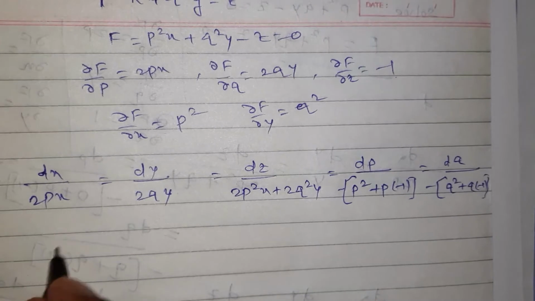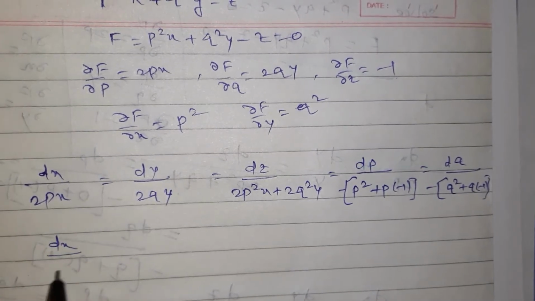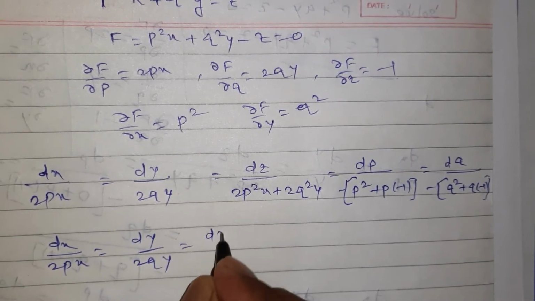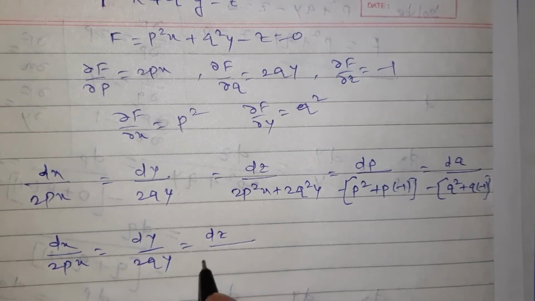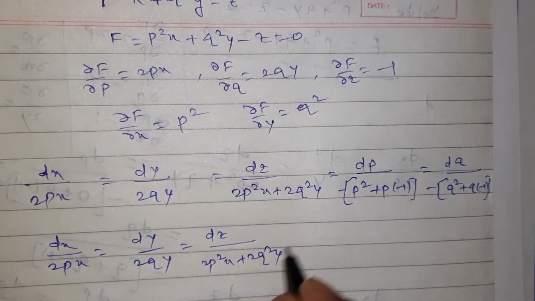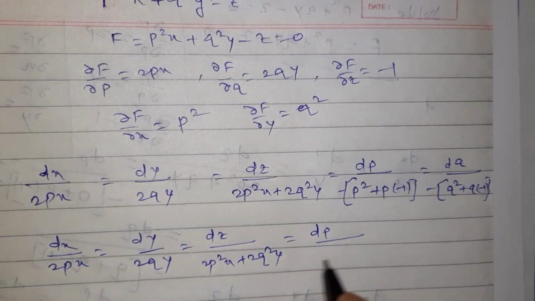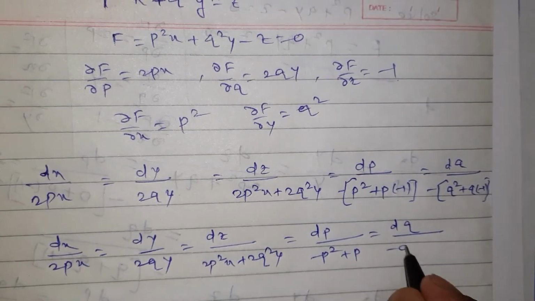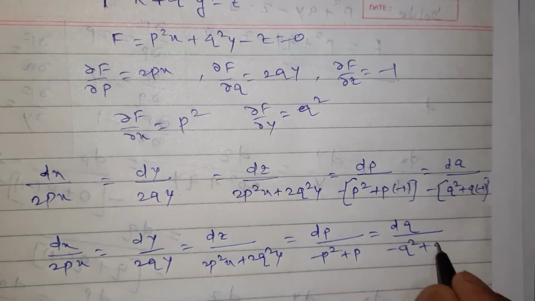Clearly. So we will write it down properly. dx upon 2px is equal to dy upon 2qy is equal to dz upon 2p square x plus 2q square y is equal to dp upon minus p square plus p is equal to dq upon minus q square plus q.